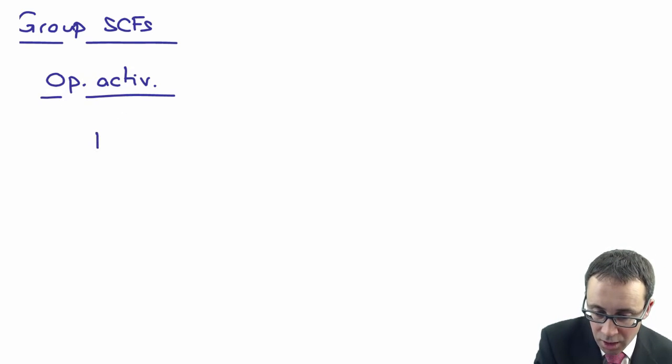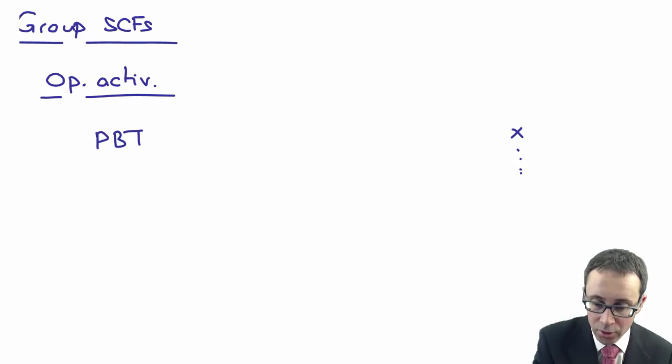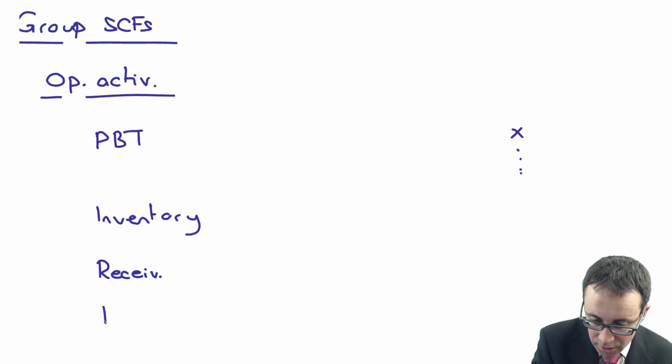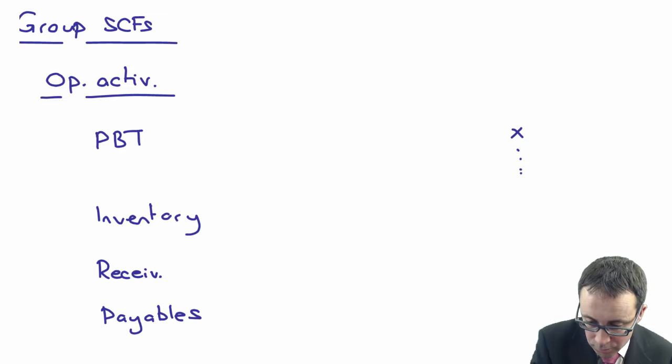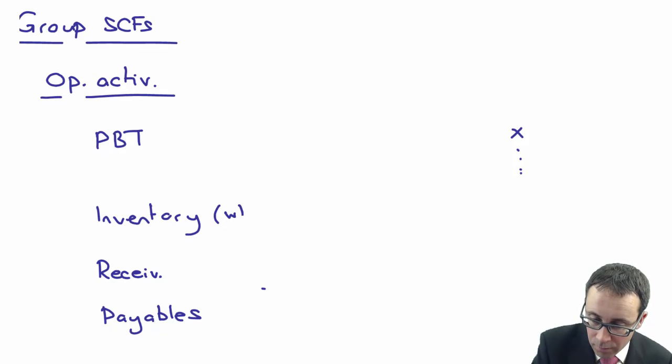Remember, you would start off with PBT, whatever that may be, and make all your adjustments. We're going to be concerned with more inventory, receivables, and payables. So we will reference that through to the working in a moment.